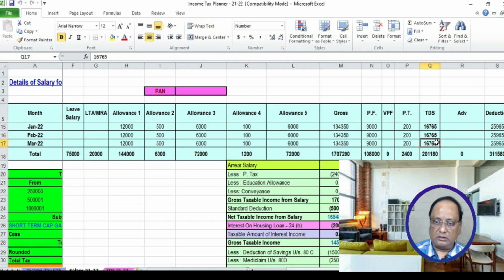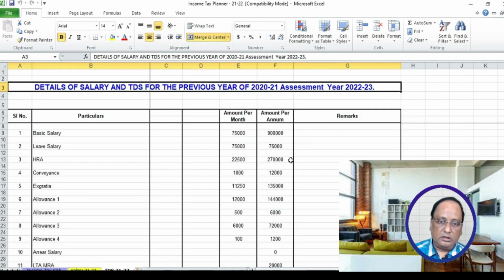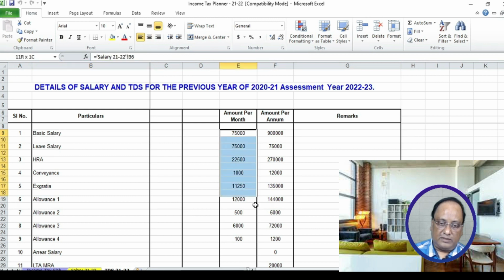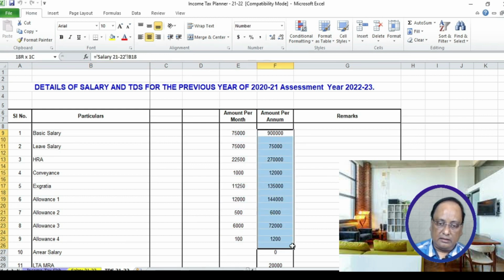Now there is another page, the TDS part. This is the details of salary and TDS for the previous year 2021, assessment year 22-23. Here the same thing is there, basic salary, this is the month basis, and here it is the yearly effect.